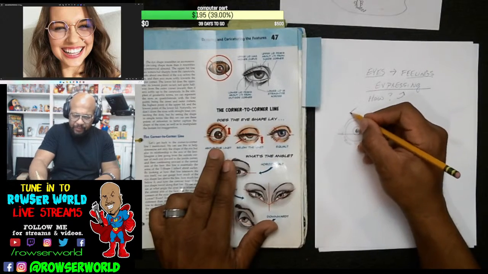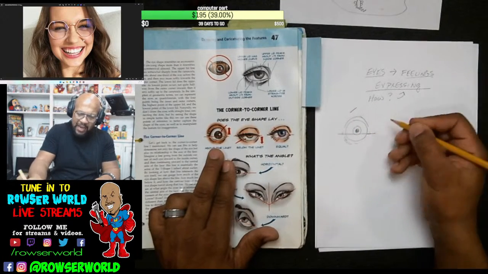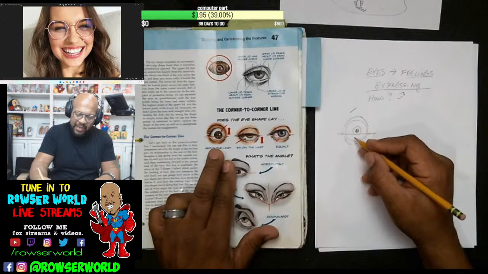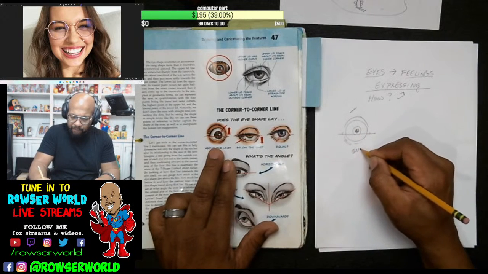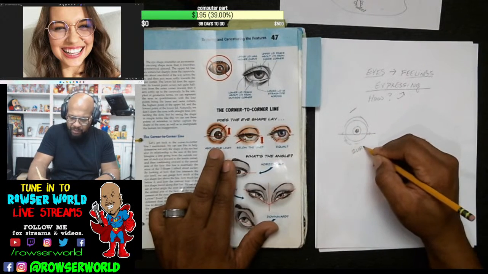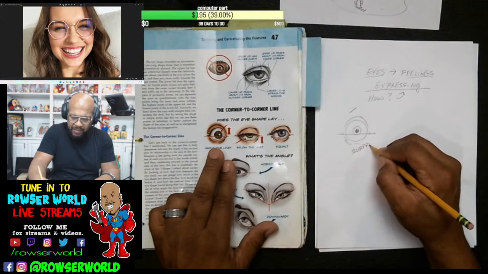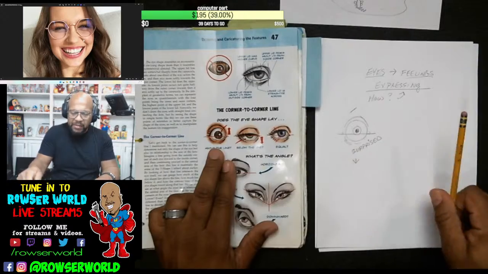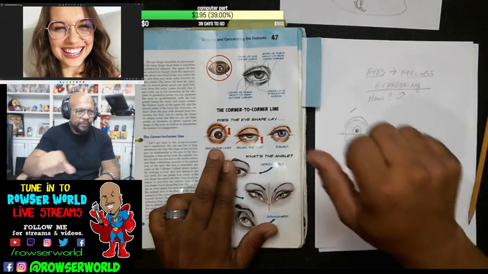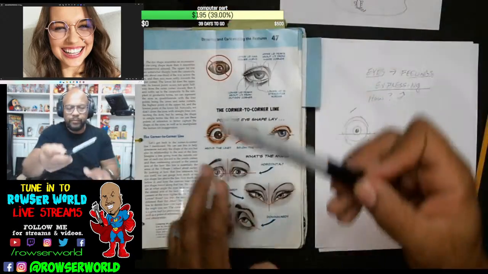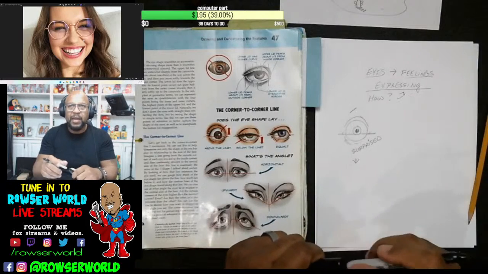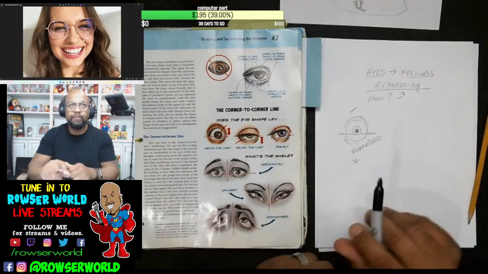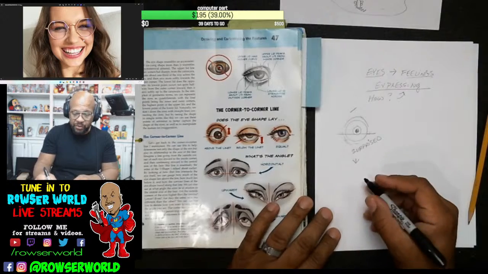Okay. And this eye, feeling wise, again, as we talked about last week, would be something where the person was surprised. Okay. So down here, if I took my marker and I'm caricaturing this eye, okay, what would I do here?